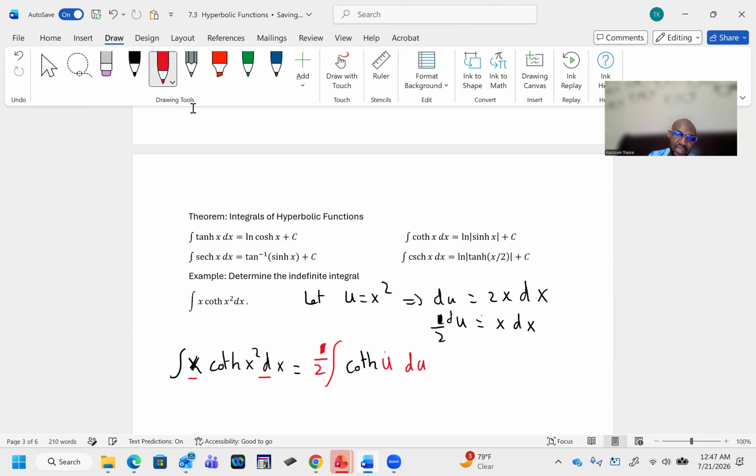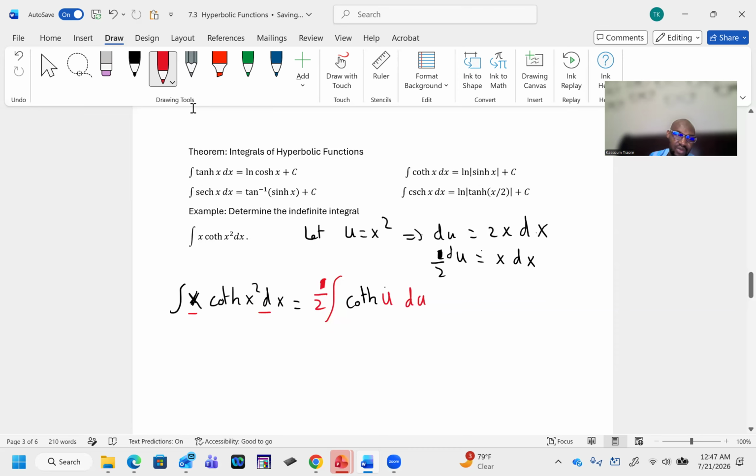And then what is the integral of hyperbolic cotangent? We just talked about it, right? It is ln absolute value of, so this one will give me 1 half ln absolute value of hyperbolic sine of u plus c, right?